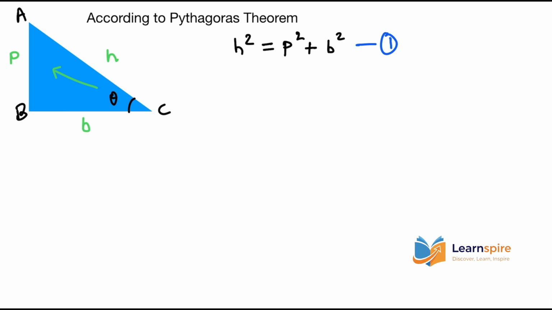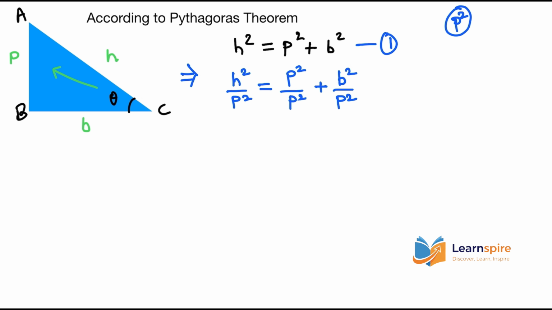Now, this time, we will be dividing both the left hand side and the right hand side of equation number 1 by p square. So let's move ahead. Dividing equation number 1 on both sides by p square, we have h square upon p square equals p square upon p square plus b square upon p square.